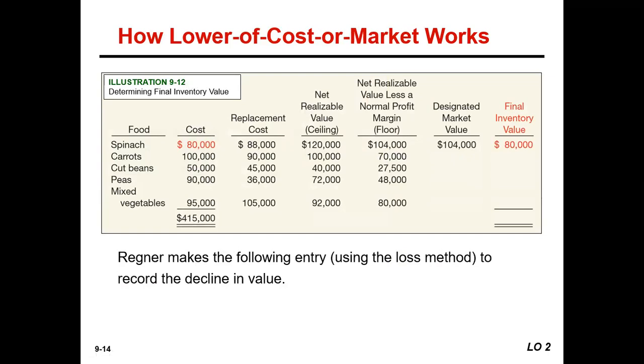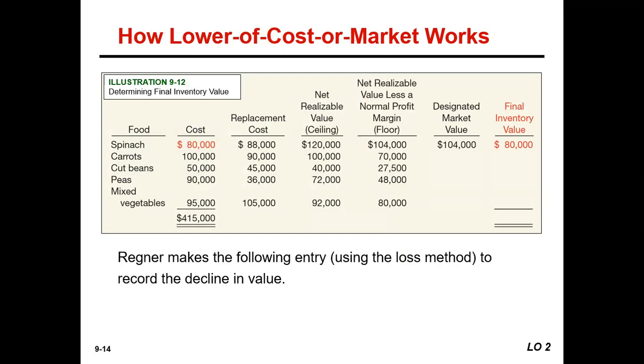The lower of cost or market. And this is on page 449. It says the designated market value is the amount that the company compares to cost. It is always the middle value of three amounts.